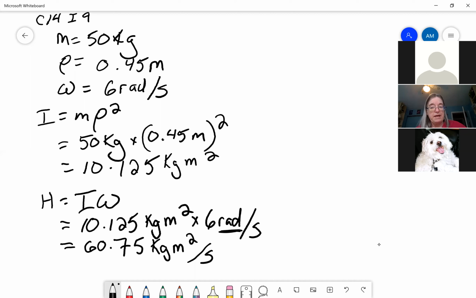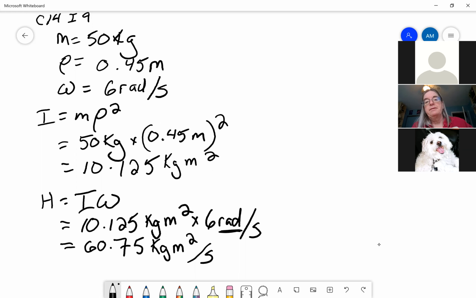So they're in the air. That's how much angular momentum they have just after takeoff. Nothing's going to change that amount of angular momentum while they're in the air, but they can play with it. And one of the things you can do when you play with it is change your moment of inertia.